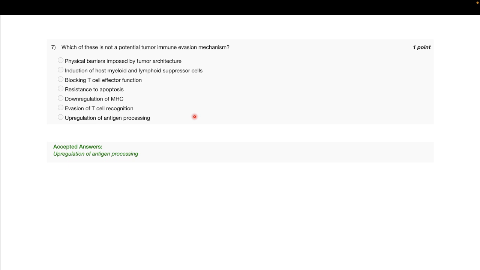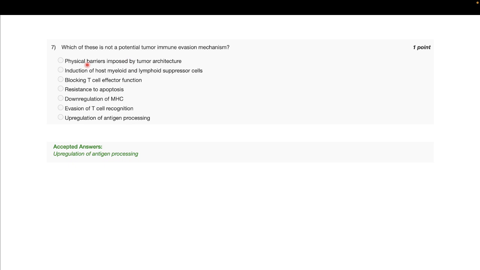But the immune system is very good in identifying these changed mutations, the changed antigens, and they take care of these tumor cells. But sometimes the mutation is a very small mutation. Let's say only one amino acid is getting changed in that particular protein. So it becomes difficult for the immune system to identify these tumor cells. So in that case, the tumor cell will not be eliminated and it will establish itself, and then it can have different other mechanisms to avoid this immune system.